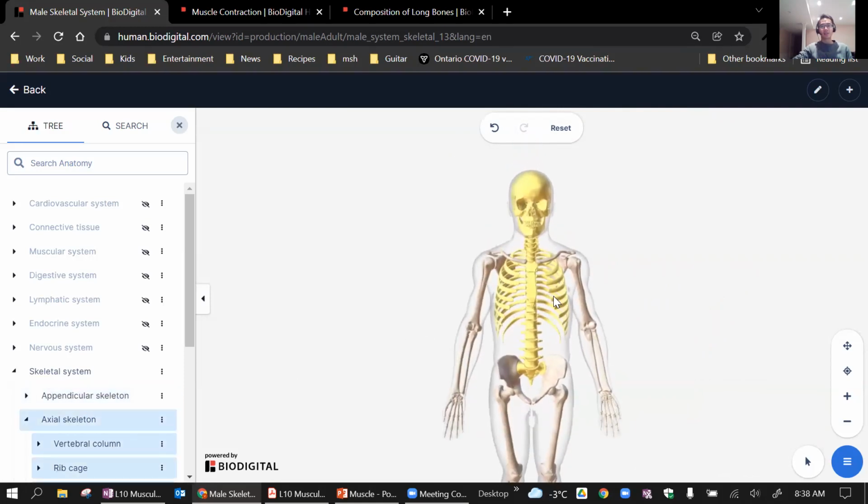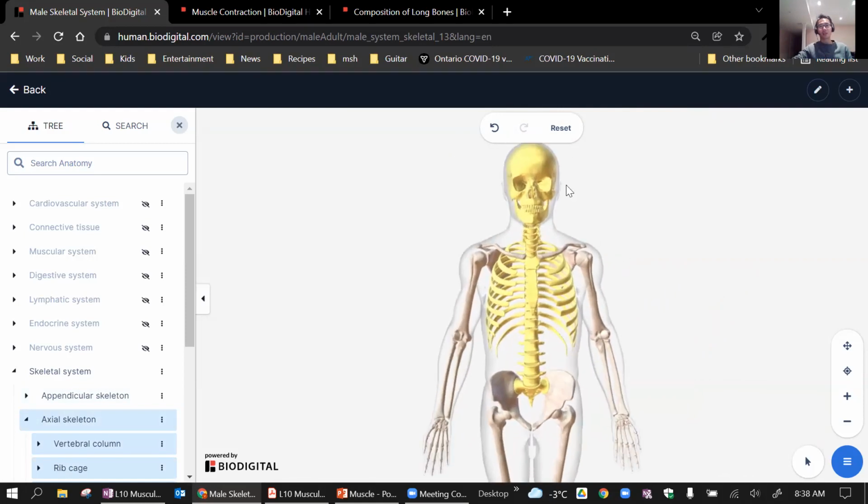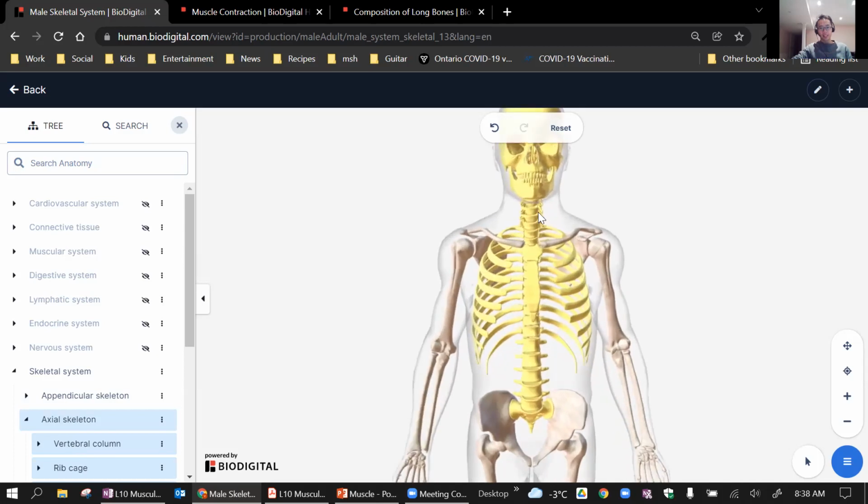The axial is kind of like a central stuff, the main frame, if you would, where everything else hangs on to. So that includes the entire head, the skull. We have the vertebral column, which is separated into the neck region, the cervical region, the thoracic region, and then the sacrum and the coccyx bone.